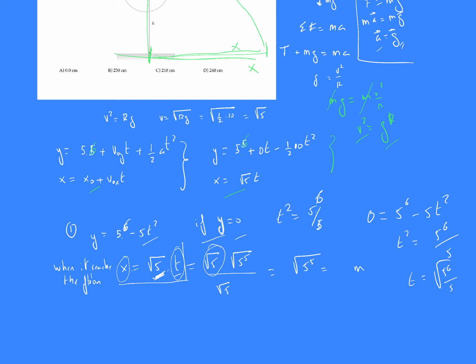So x is the square root of 5 times the square root of 5.6 divided by 5. Making the calculation, I should find x, and it should be one of these answers. You look at which one of the answers it should be.